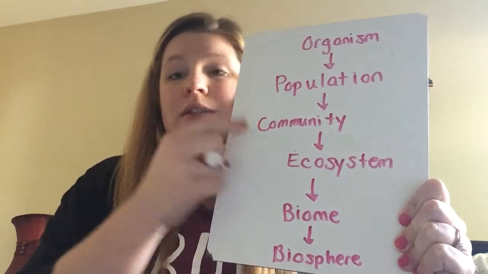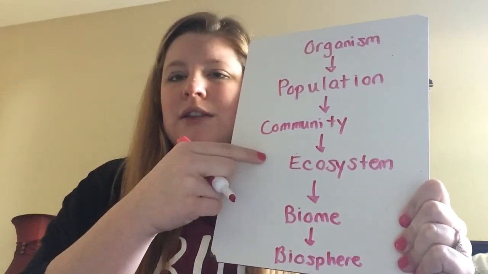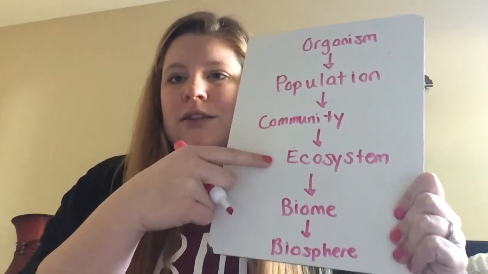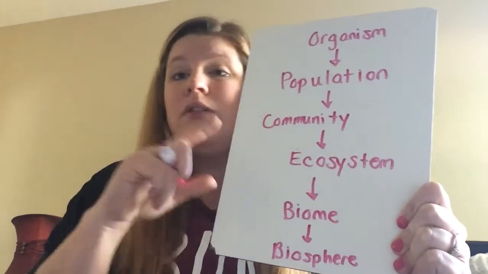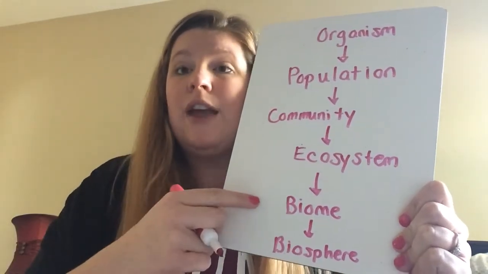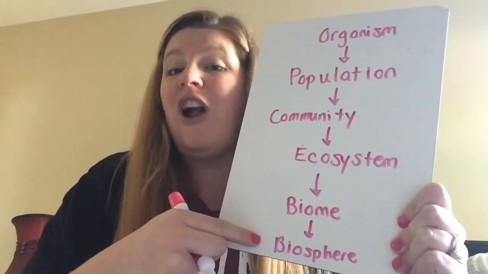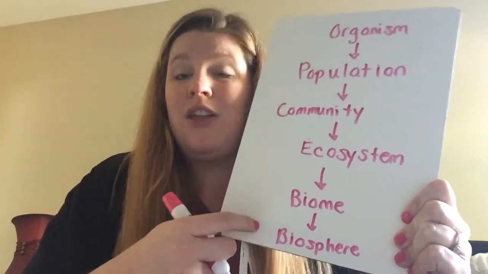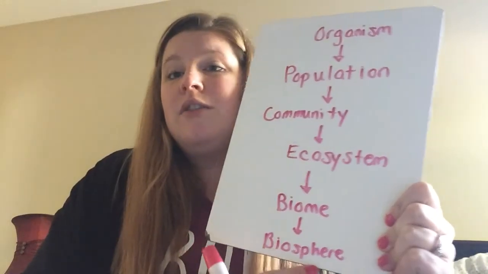A bunch of communities become an ecosystem. A ton of ecosystems all throughout the world become a biome. They go all over the world. We'll go to that next week. And all of these put together creates the earth, the biosphere. All living and non-living things put together. Biosphere means the earth, circle of earth.